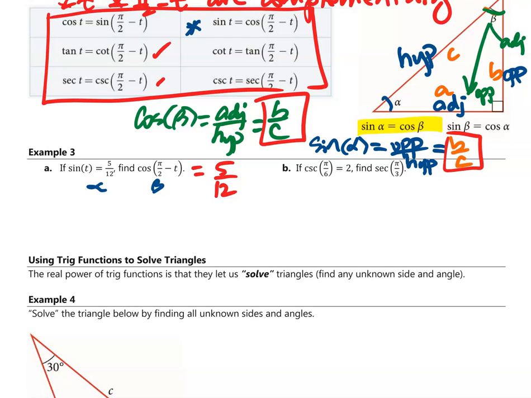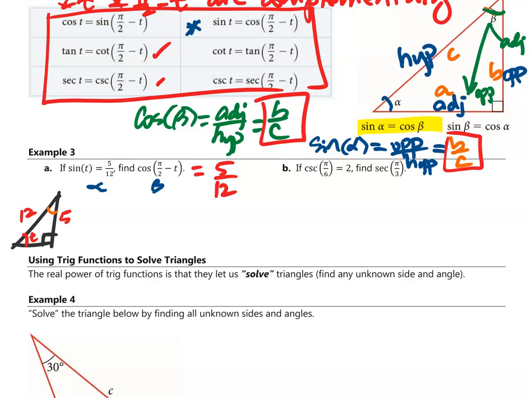And I can show you using a right triangle. If this is our t, this angle is t, so sine is opposite over hypotenuse, so this is 5, and this is the hypotenuse 12, and then cosine, let's say this is beta, because this is alpha, and these two angles are complementary.